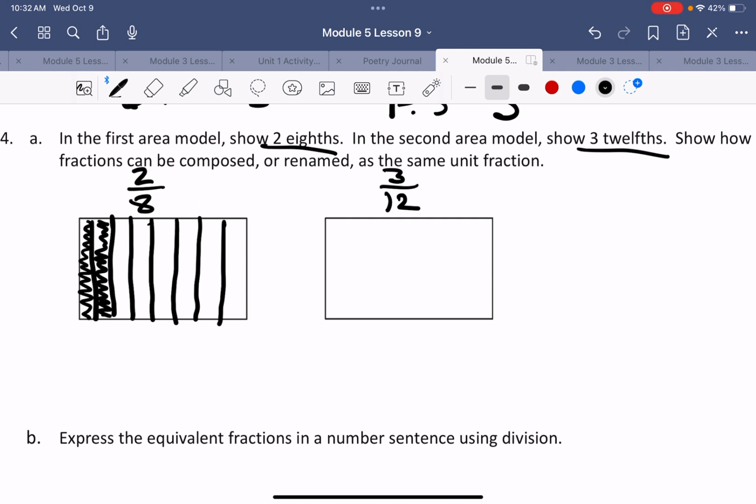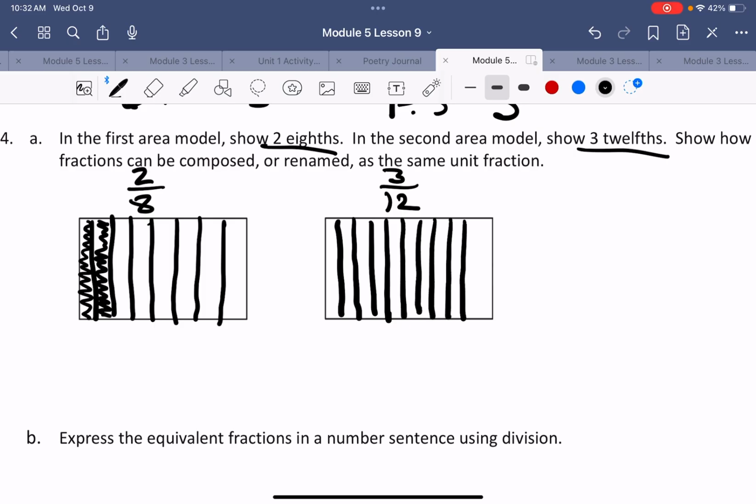Then we break the next one into 12ths. And we shade in 3 parts.